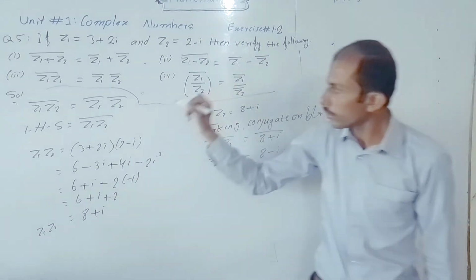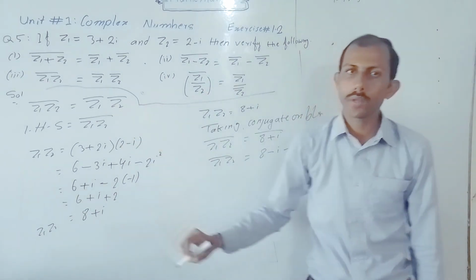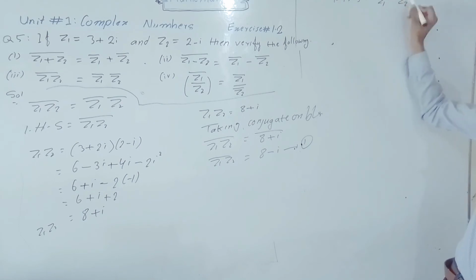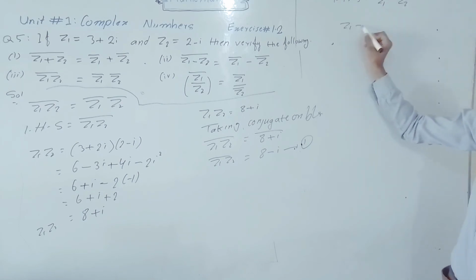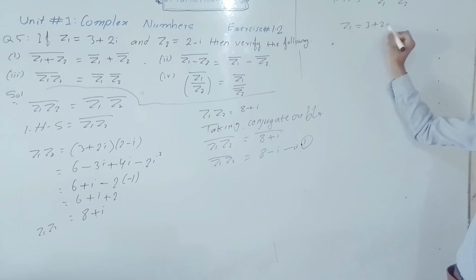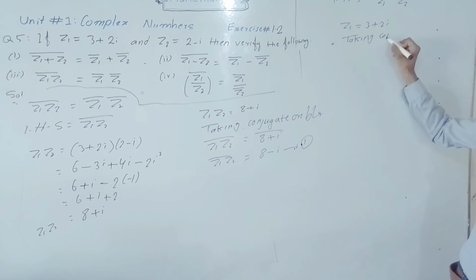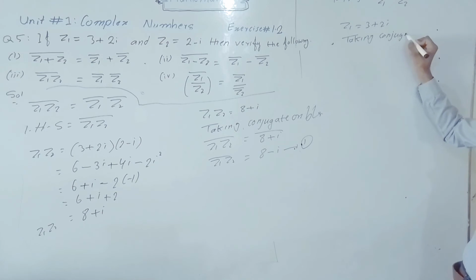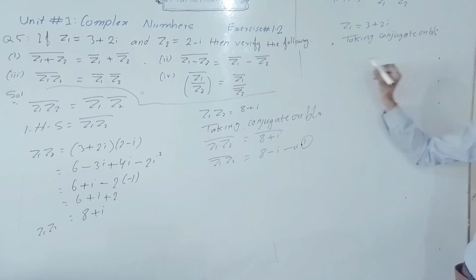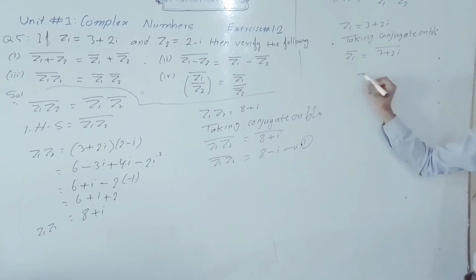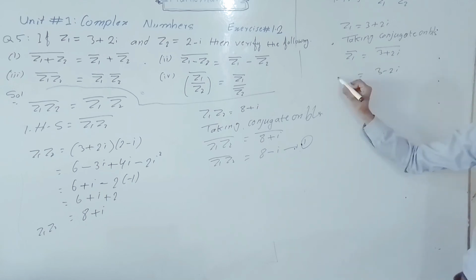is equal to Z1 conjugate Z2 conjugate. So first, Z1 is equal to 3 plus 2i, taking conjugate on both sides. So Z1 conjugate is equal to (3 plus 2i) whole conjugate, which is equal to 3 minus 2i.